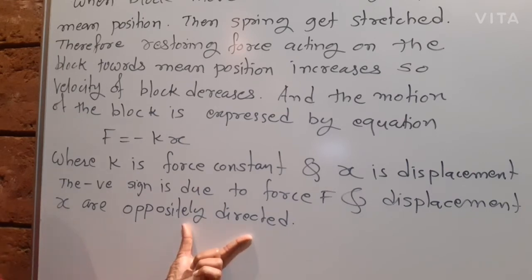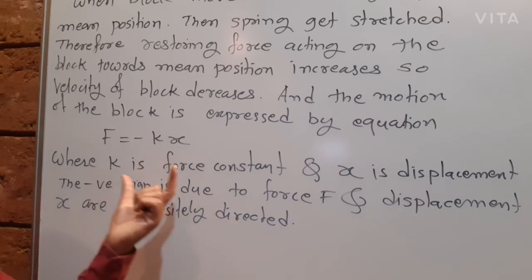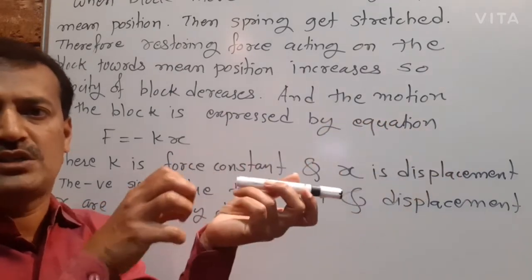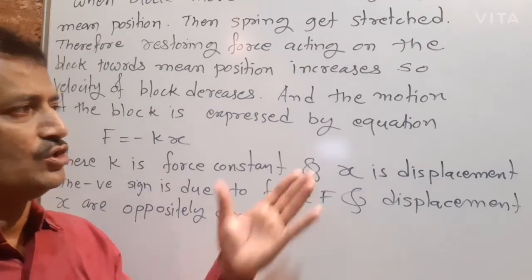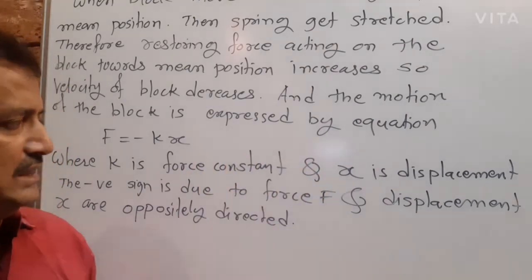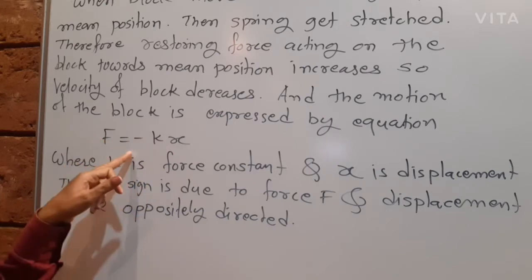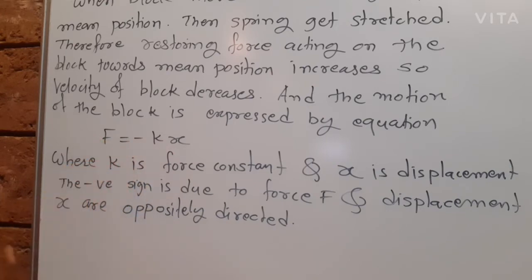Here we explain, while moving the block towards the right from the mean point, the spring gets stretched. Therefore, the restoring force acting on the block towards mean position increases, so its velocity decreases, and this motion is explained by this equation.